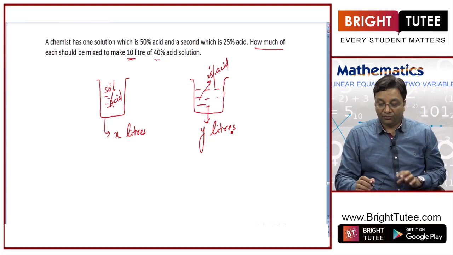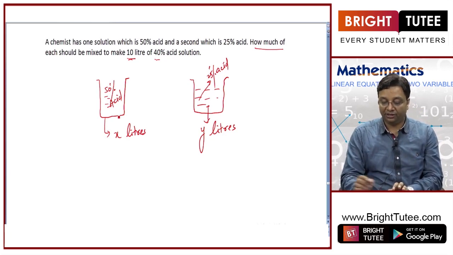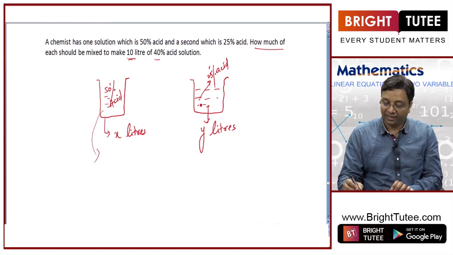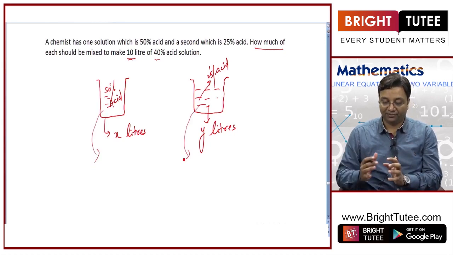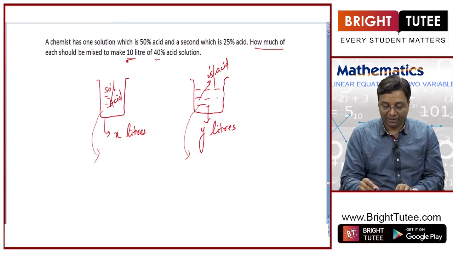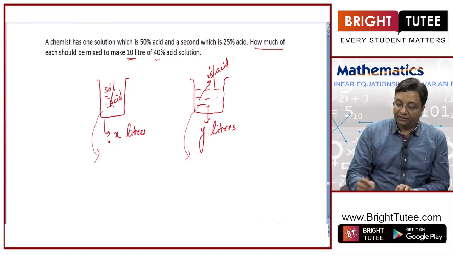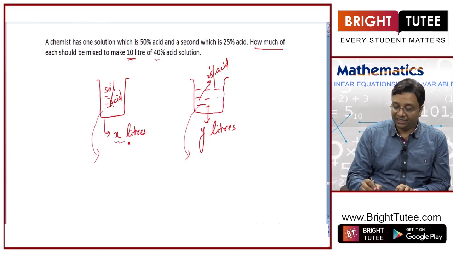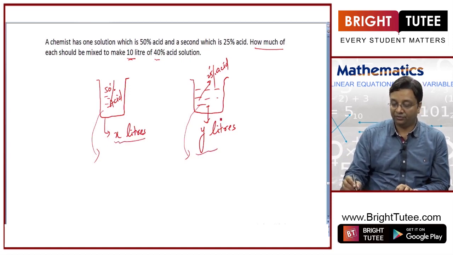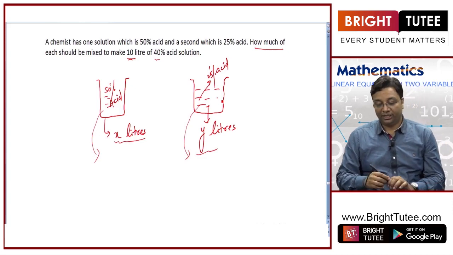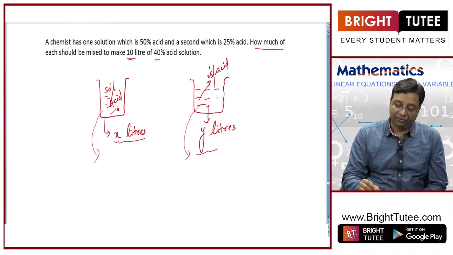So what he will do is, he will mix these solutions, not completely. He will take a certain part of this solution and some part of this solution and mix these to make 10 liters of 40% acid solution. So we assume that he is taking x liters of this solution and y liters of this solution.